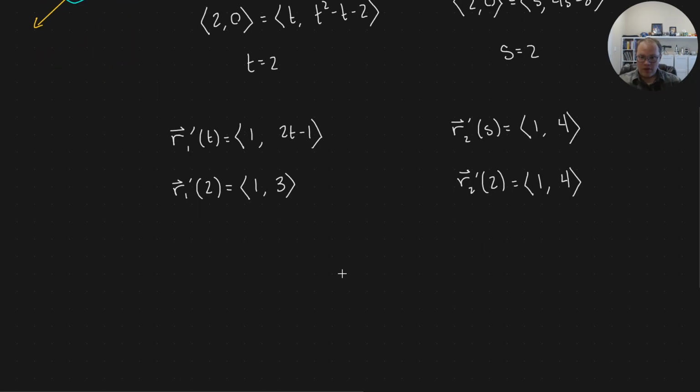So I know that the dot product of these two vectors, let's do it this way.